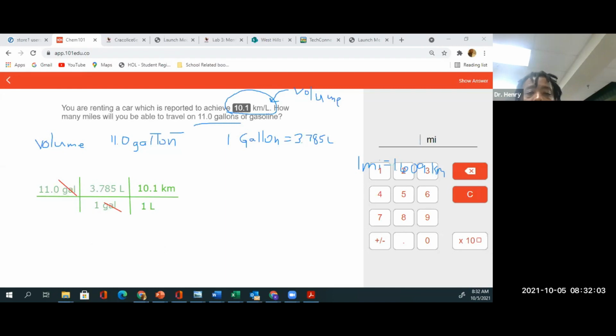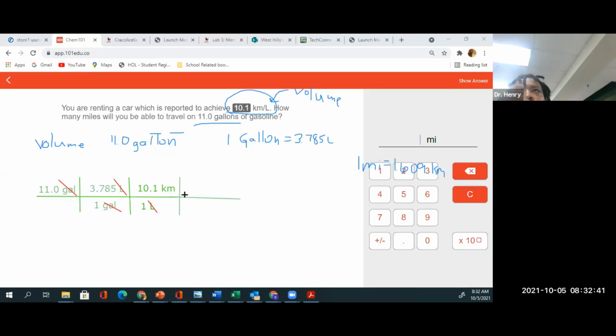Okay, so then in this case, the liters are going to cancel out. Okay, so now my units are going to be in kilometers.